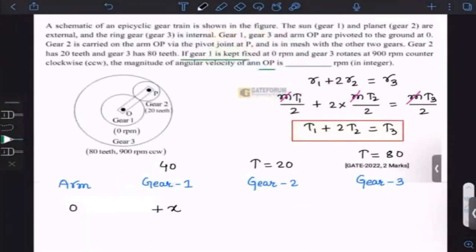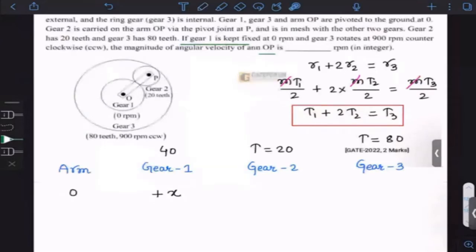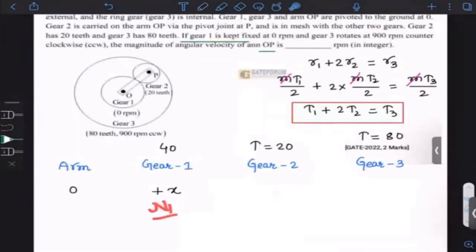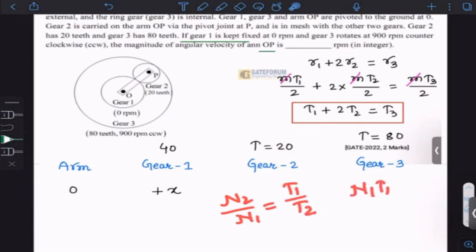Now you know very well how to write this. You know that N1 by N2 is equal to T2 by T1, right? So N2 by N1 is equal to T1 by T2, which means N2 is N1 into T1 by T2.